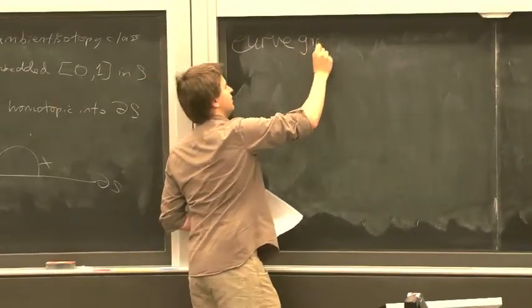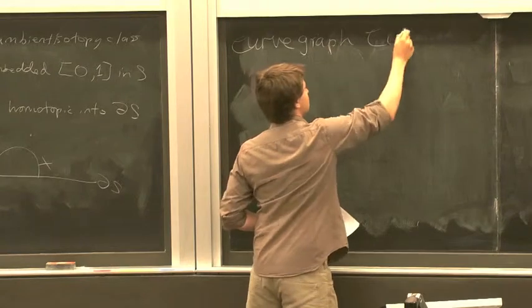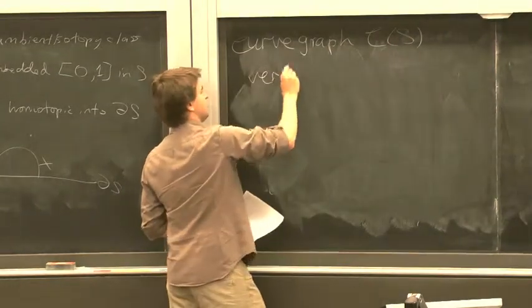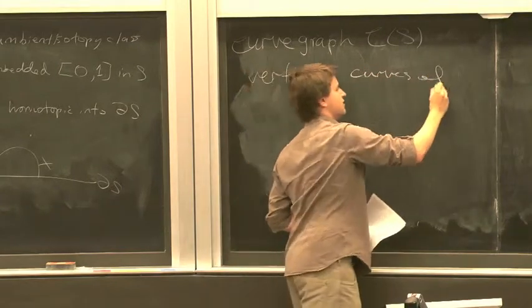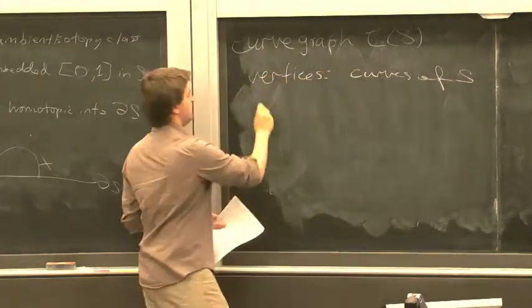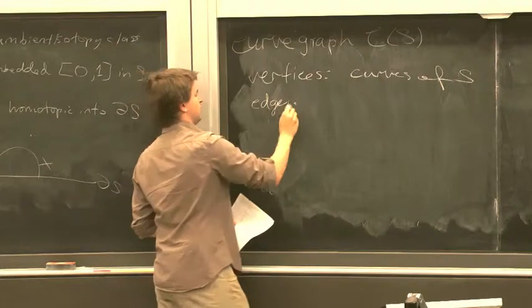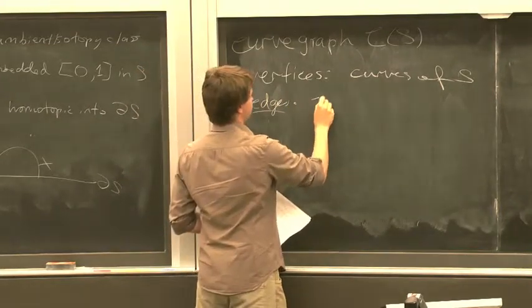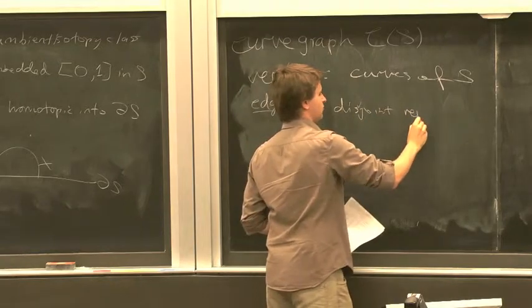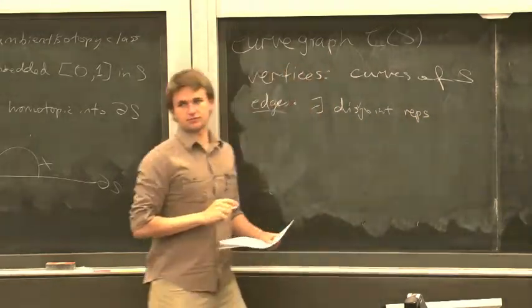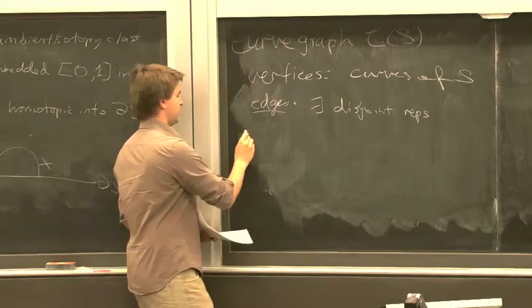So the curve graph C of S has vertices the curves of S, and edges whenever there exist disjoint representatives of the two classes. So we saw this last talk.